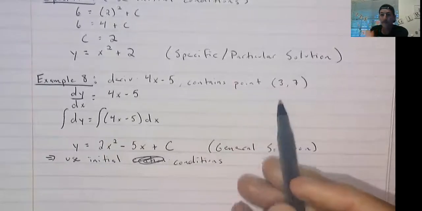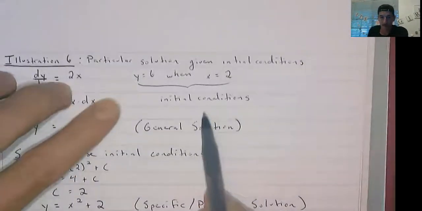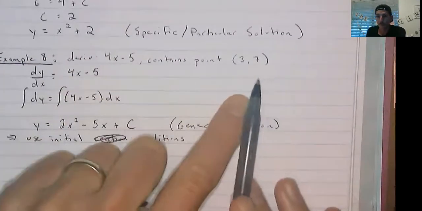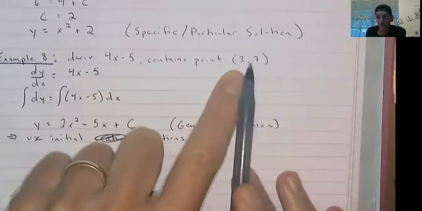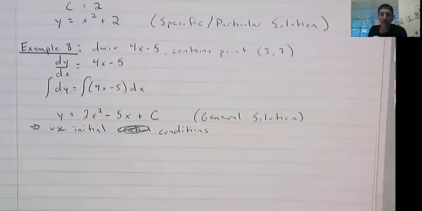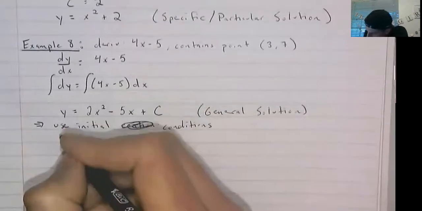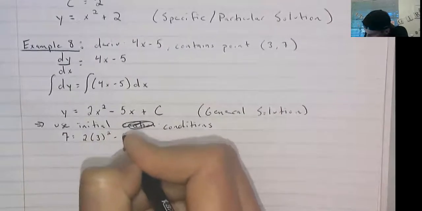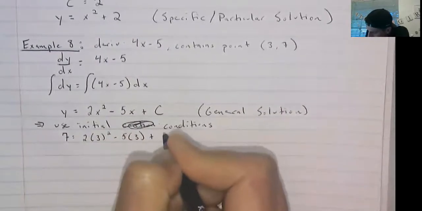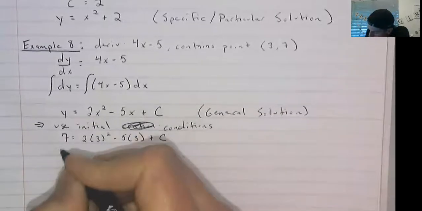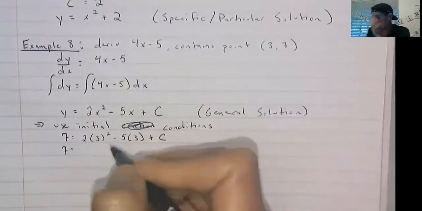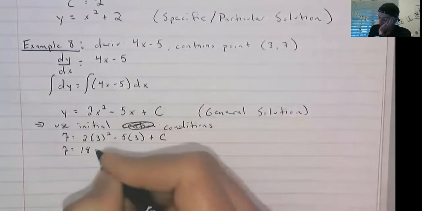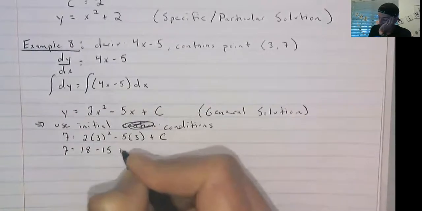This is given to us in a slightly different form than we saw up here. Up here, they just said, okay, when x equals 2, y equals 6. Well, here we have a point. So y equals 7 when x equals 3. So plugging in 7 for y and 3 for x: 7 is equal to 2 times 3 squared minus 5 times 3 plus c, and then solving for that c. So we get 7 is equal to 3 squared is 9, 18 minus 15 plus c.